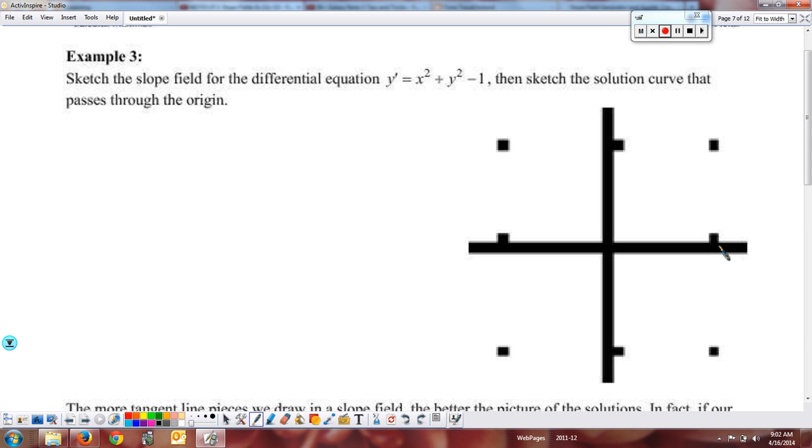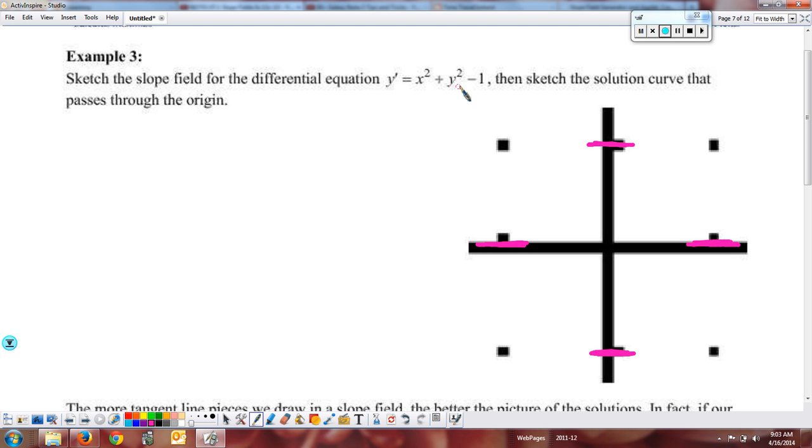Maybe let's try over here at 1, 0. 1, 0 would have a slope of 0, so we would have a horizontal slope here. If I'm at negative 1, 0, that would have a horizontal slope. If I am at 0, 1, that would have a horizontal slope. If I am at 0, negative 1, that would have a horizontal slope.